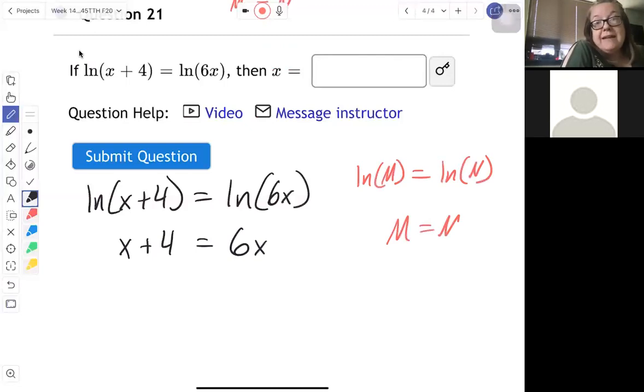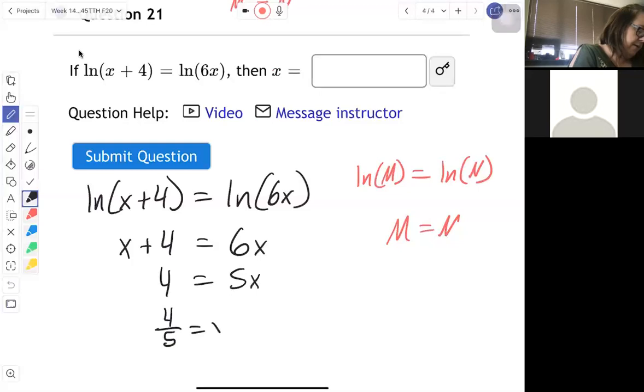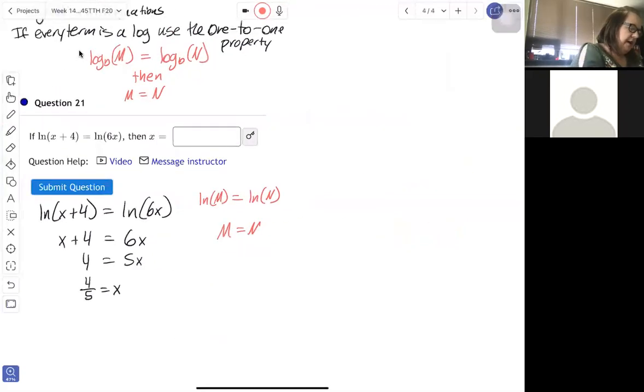So we need to subtract x from both sides, and then see what we'll get. So 4 is equal to 5x if we subtract x. Then we need to divide both sides by 5. So x is equal to a positive 4/5. Now, as I said, you do have to check these.